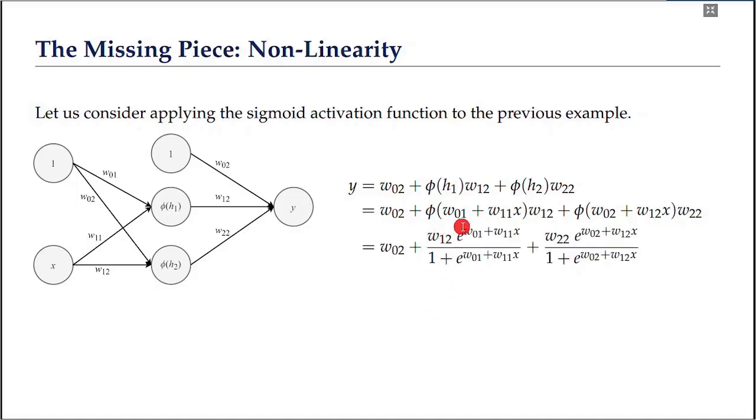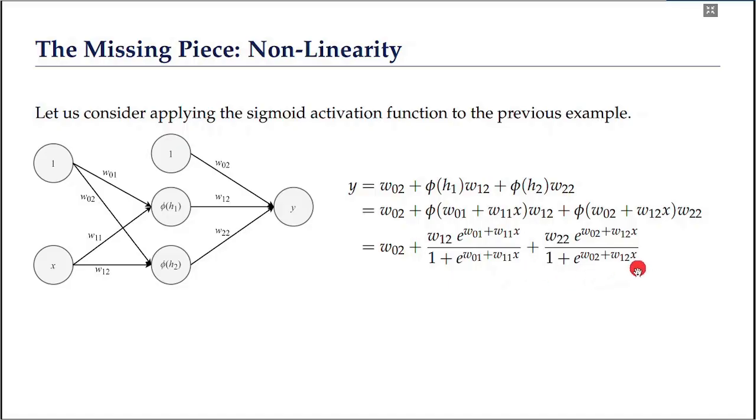Specifically, phi of w01 plus w11x is just 1 over 1 plus e to the power of minus (w01 plus w11x). But this can be rewritten as e to the power of w01 plus w11x over 1 plus e to the power of w01 plus w11x.